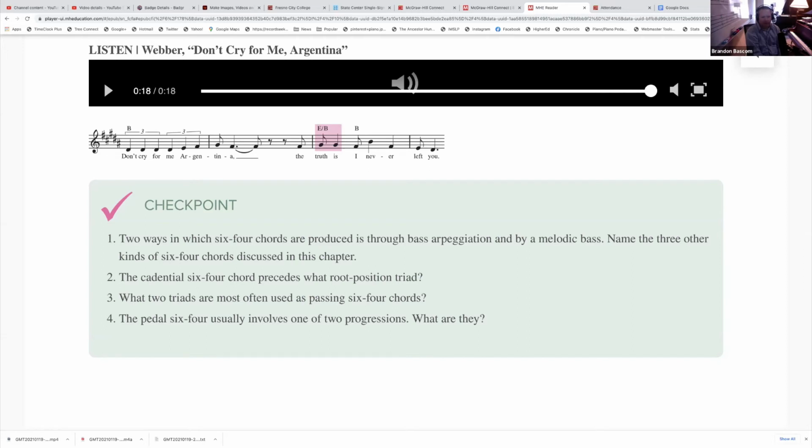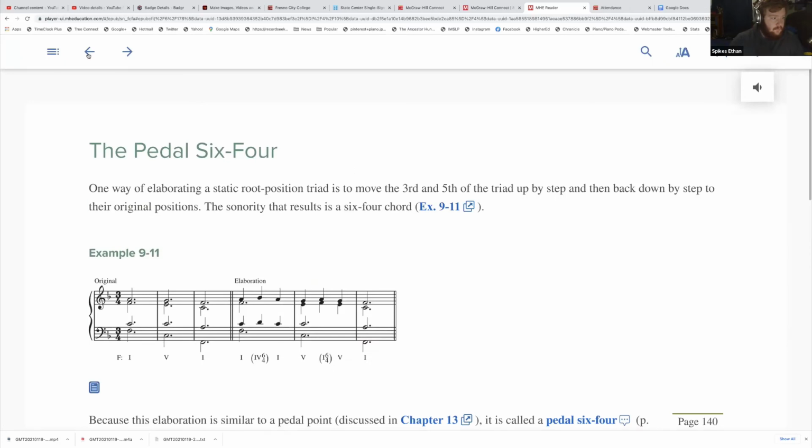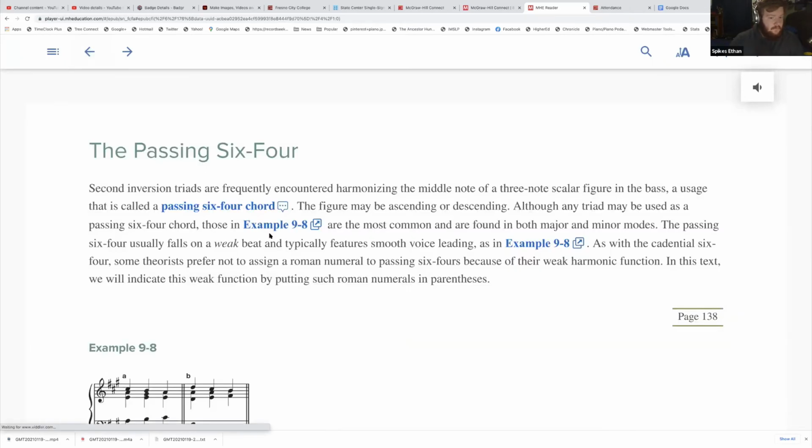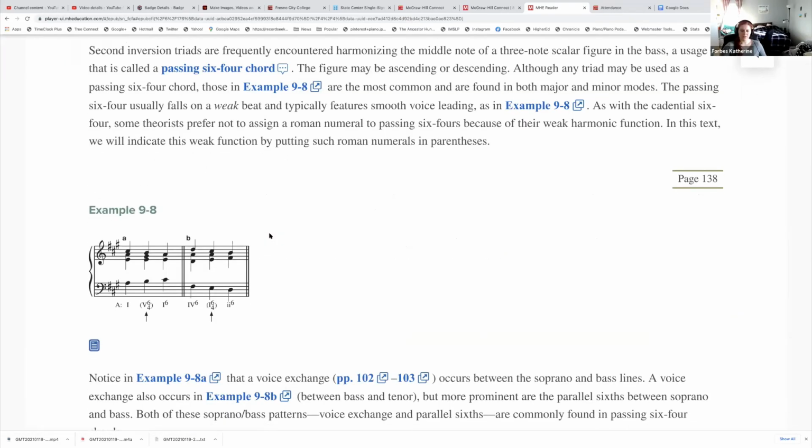The 1 and the 5. Because the 4 is also a 6/4 sometimes. Yep, 5 6/4 and 1 6/4.